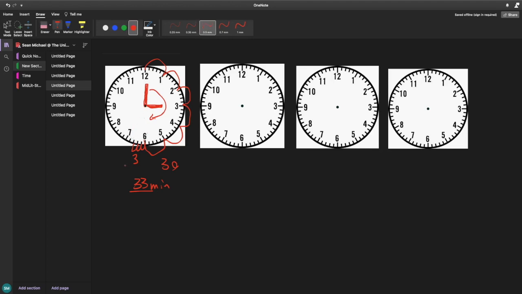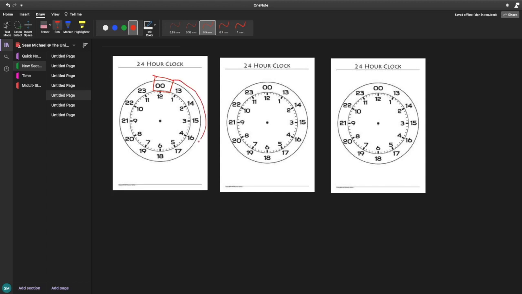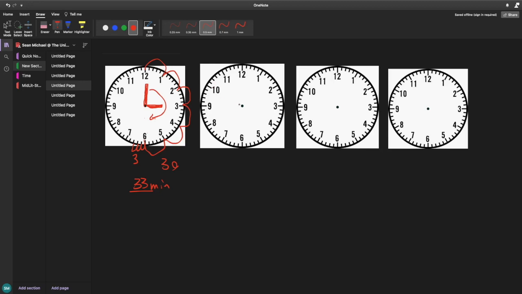Now, with a 24-hour clock, which for our sake I'm going to just use these kinds of models, what's interesting is that there's a second row here. You see the second row? With a 12-hour clock, you just end up going around once, and then you just go around again a second time.